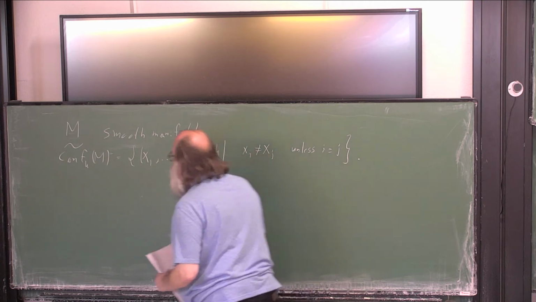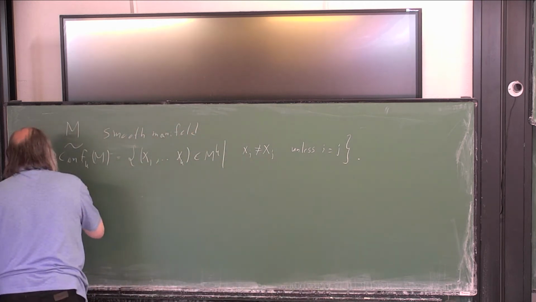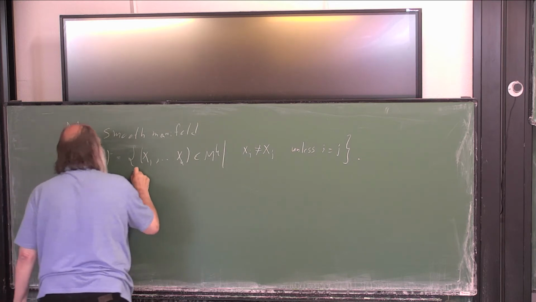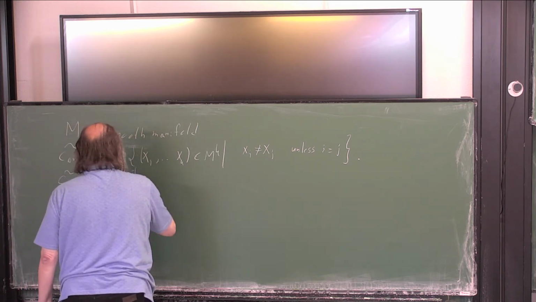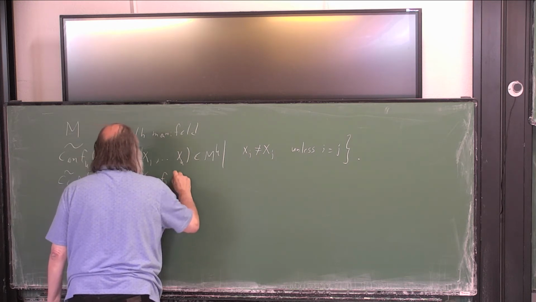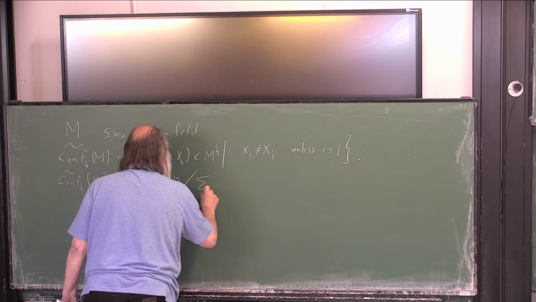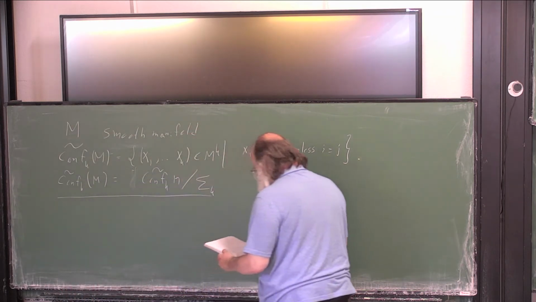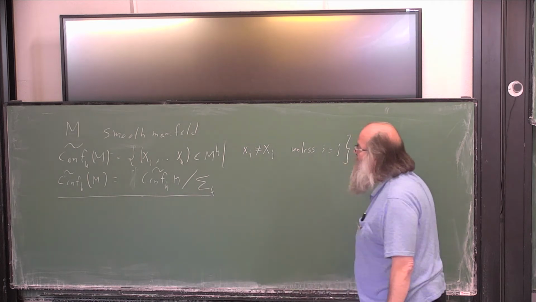You can permute the points, and you can define the configuration space of unordered points. So this is just what you get here: Conf_k(M), and you divide out by the symmetric group.